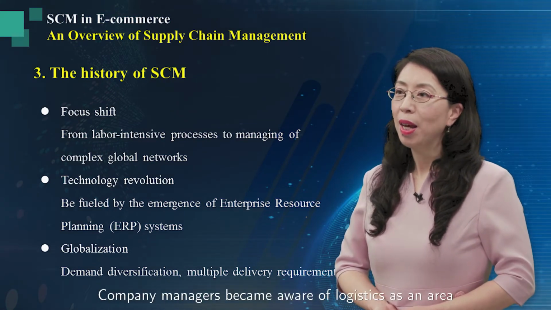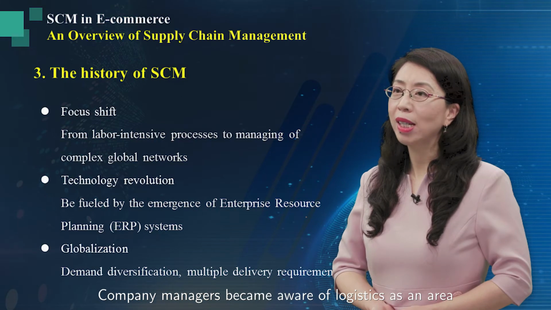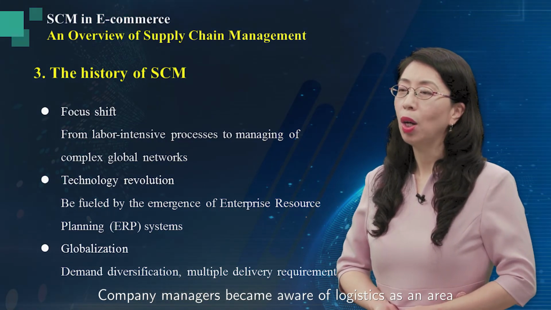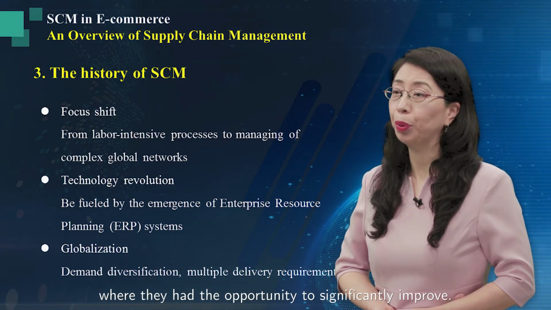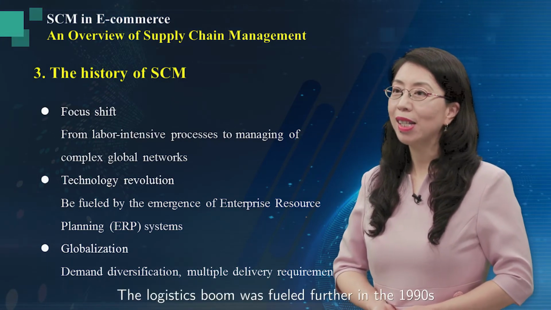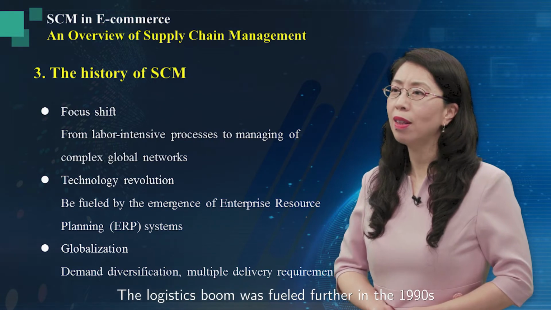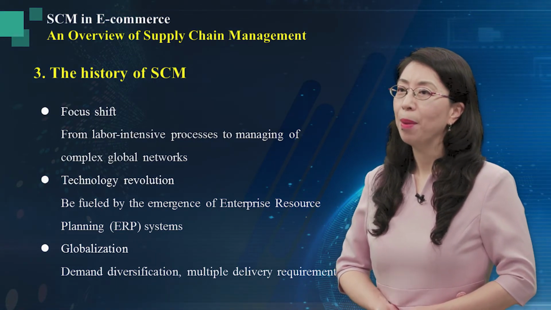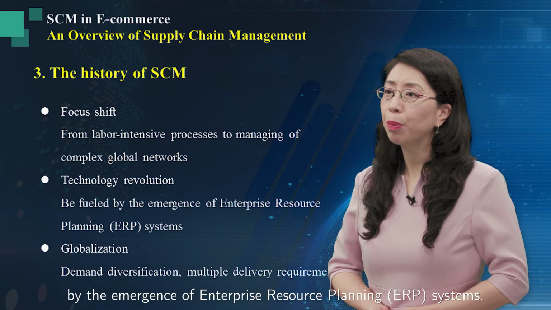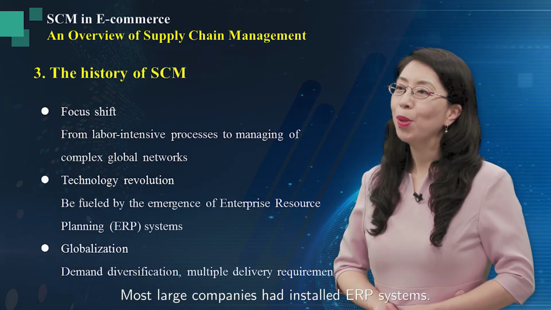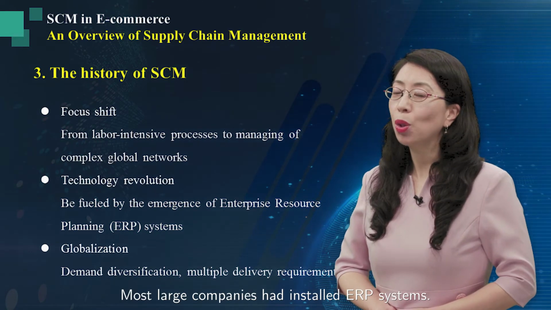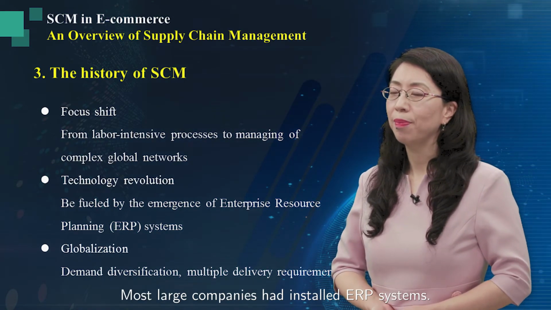Company managers became aware of logistics as an area where they had the opportunity to significantly improve. The logistics boom was fueled further in the 1990s by the emergence of enterprise resource planning systems. Most large companies had installed ERP systems.